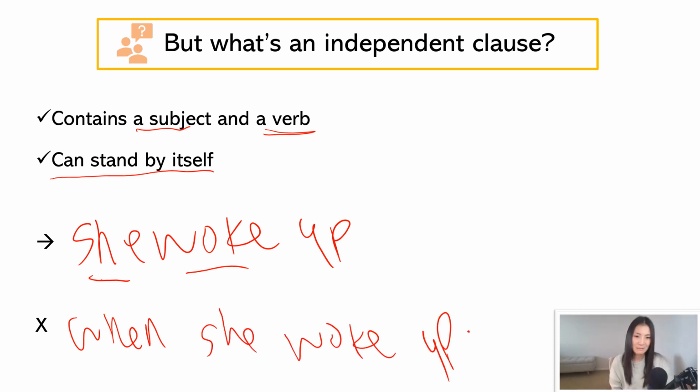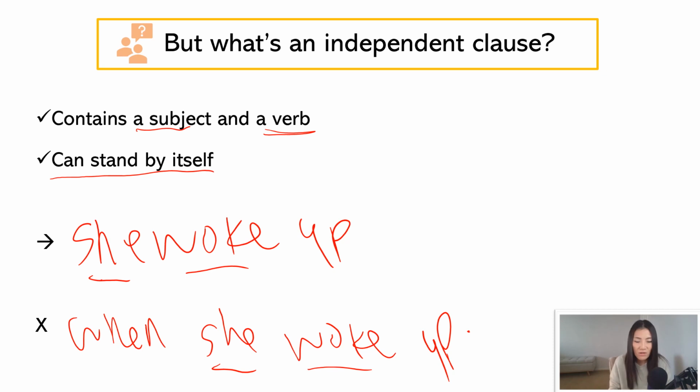Ooh, please excuse my writing. Notice that "when she woke up" is a clause because it has a subject and verb, but "when she woke up" is not an independent clause. It's not a sentence by itself. I need to know more to finish this sentence. "When she woke up, she was surprised," right?